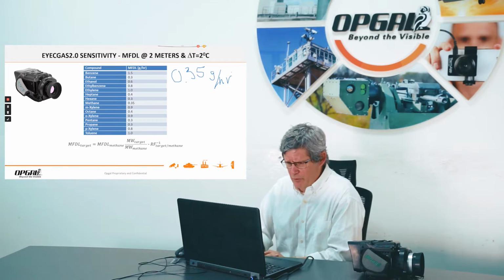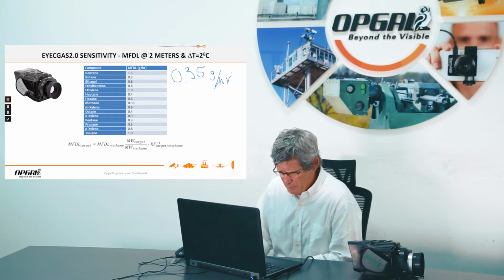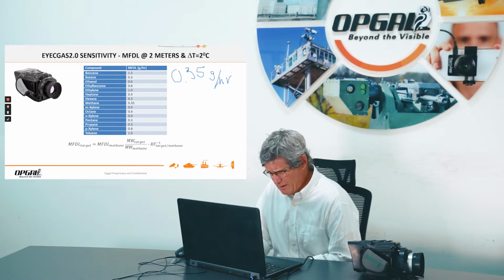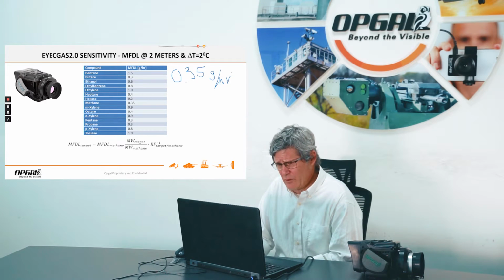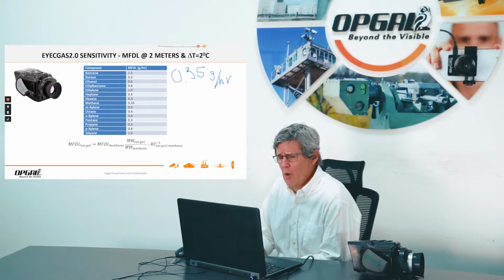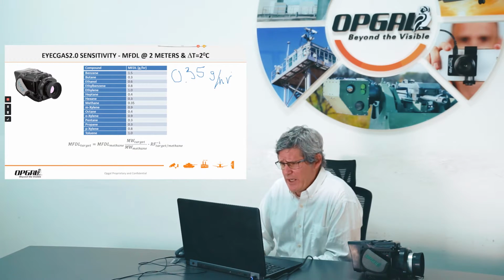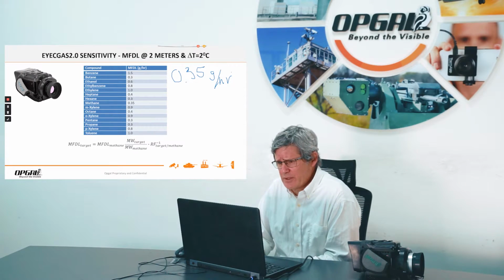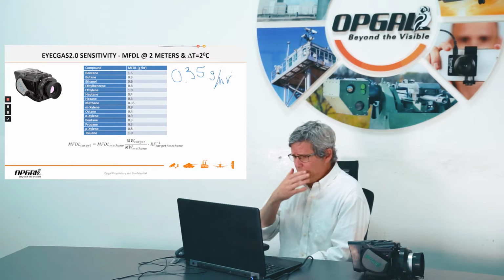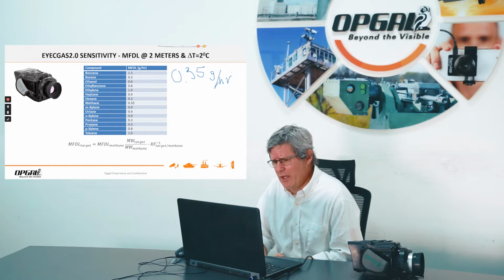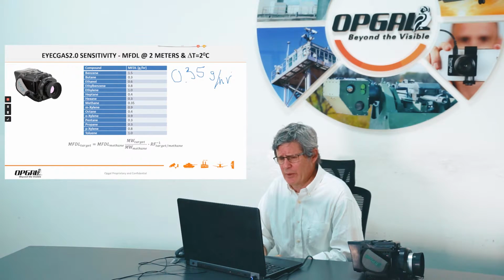So now we can calculate the MFDL, the mass flow detection limit, at this temperature difference for any other gas for which we have the absorption coefficient information.